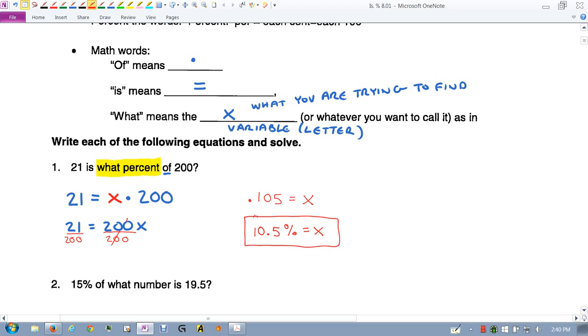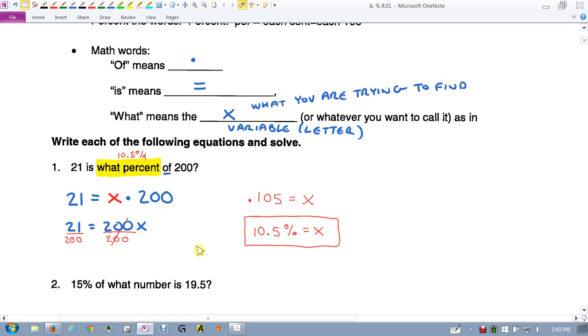Now let's go back and let's just see if our answer makes any sense at all. I'm going to just come up here and write 10.5%. See if this makes sense as an answer. 21 is 10.5% of 200. Does that make sense or not?